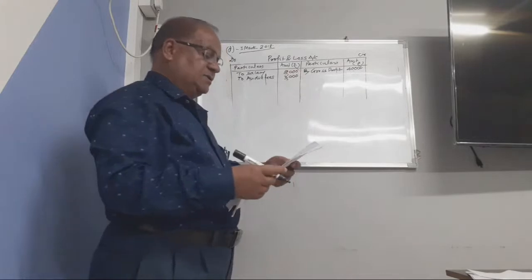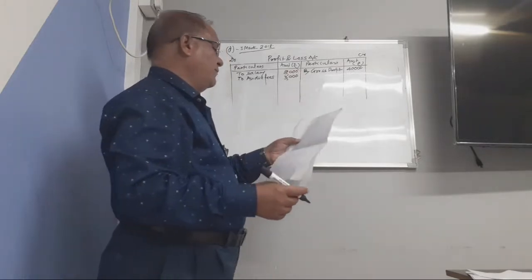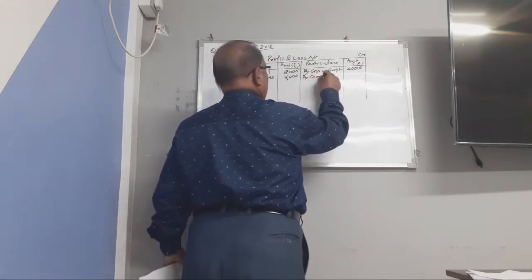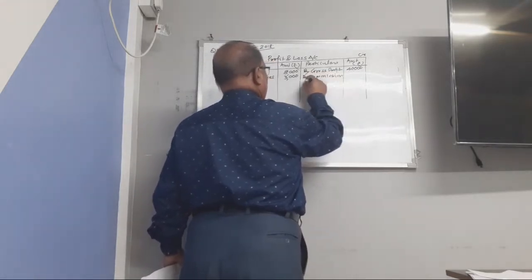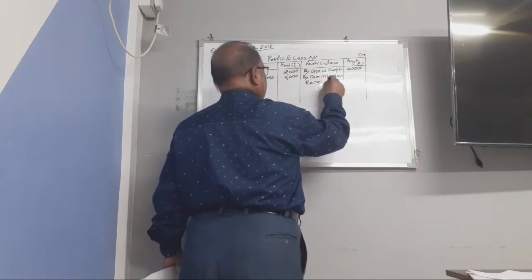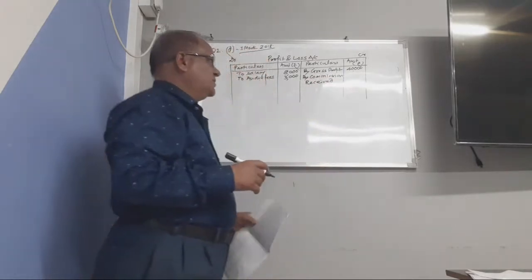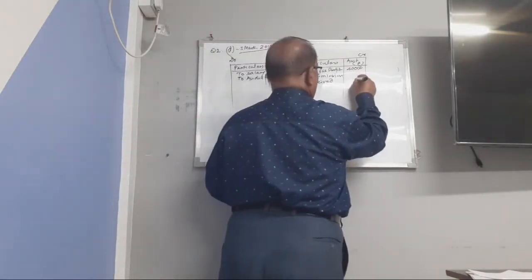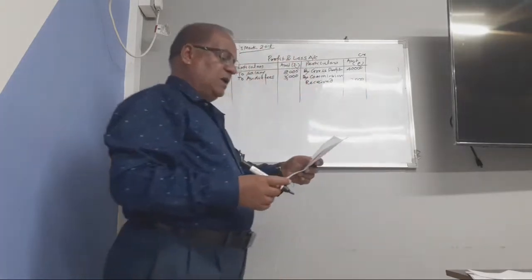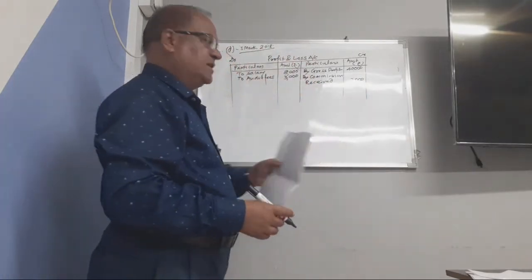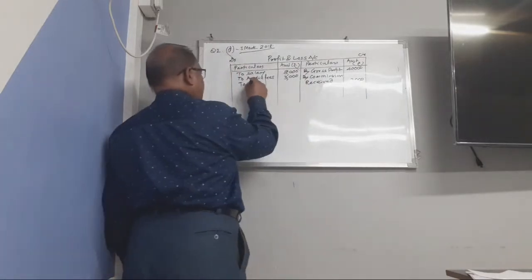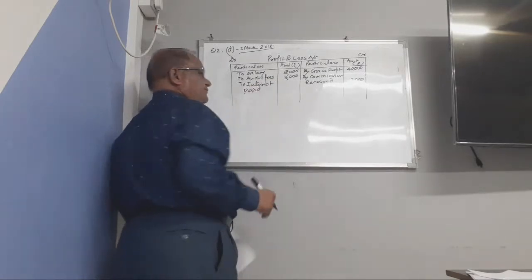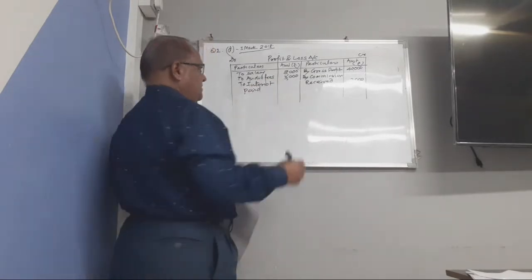Then commission received, which is an income, is credited, as all incomes are credited, to the extent of 2,000. Then interest paid, being an expenditure, is debited on the debit side of the profit and loss account. The amount of interest paid is 1,000.